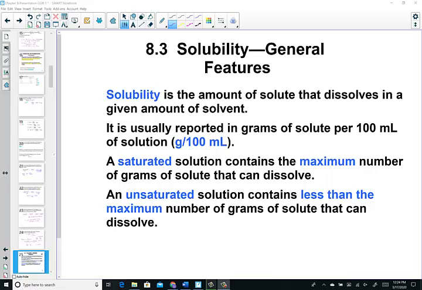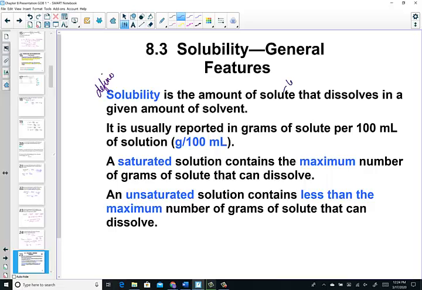Where are we in terms of your notes? Like the bottom of page 3 or so for section 3 on solubility. To define the term, we're going to say it's the amount of solute that dissolves in a given amount of solvent. How much solute dissolves in a given amount of solvent?